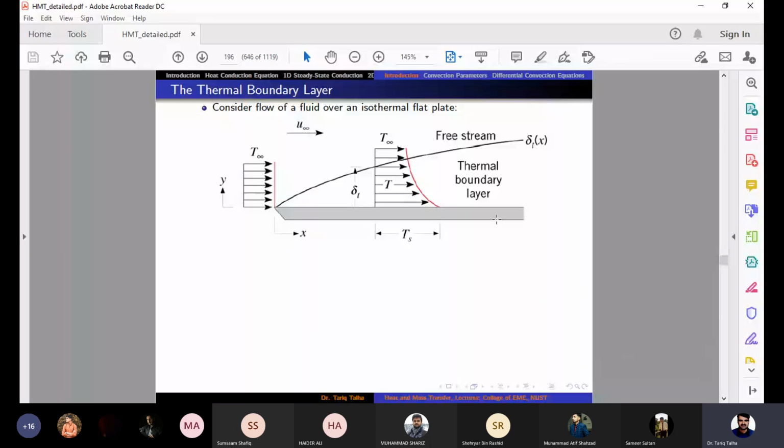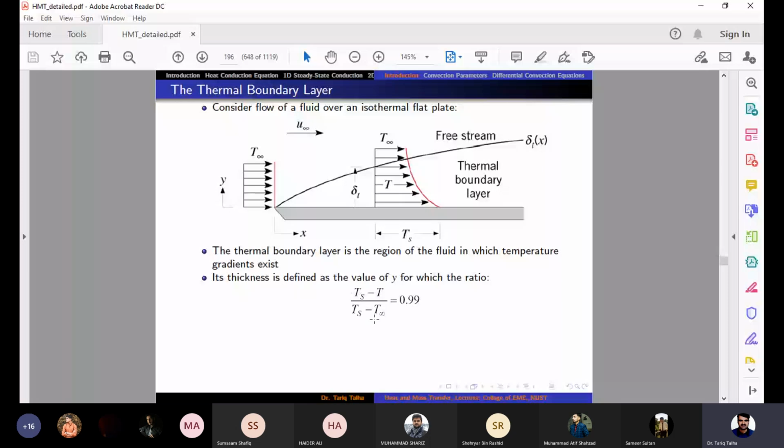In order to define the thermal boundary layer, which is denoted by delta T here, we say that this ratio of the temperature difference, Ts minus T, where T is a function of y, in the numerator, and Ts minus T infinity in the denominator, where Ts is the surface temperature and T infinity is the free stream temperature.